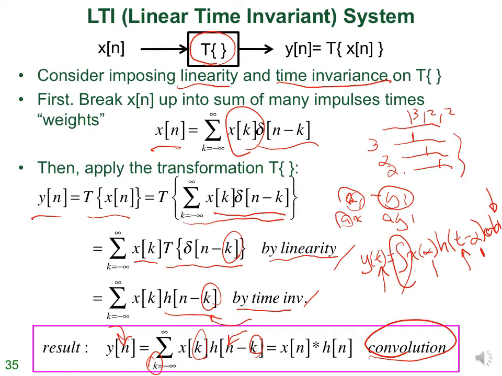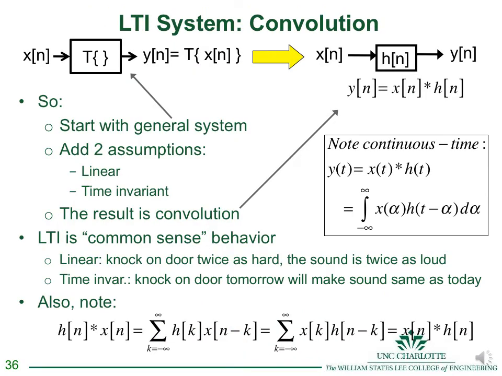As you work these out for the first few times, I think it's very important to write the summation out. It's quite easy to assume that you know what the summation is, but it would be very good practice to actually write out the summation the first few times you do this. Of course, linear and time invariant systems are most of the systems you encounter, and convolution is the process by which you can compute the output of a system based on the input and its impulse response.